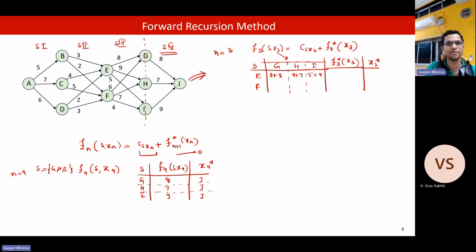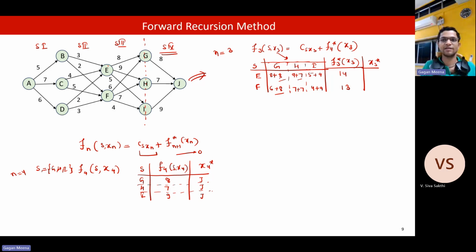Similarly, F to G is 6 plus 8, F to H is 7 plus 7, and F to I is 4 plus 9. Then this is 16, this is also 16, and this is 14. This is 14, 14, and this is 13.